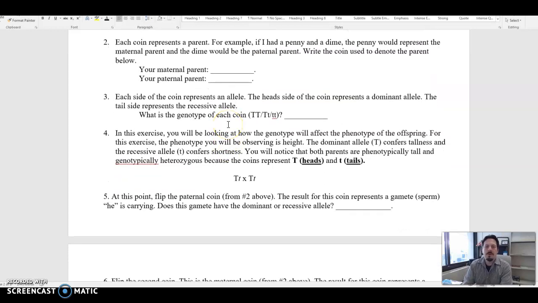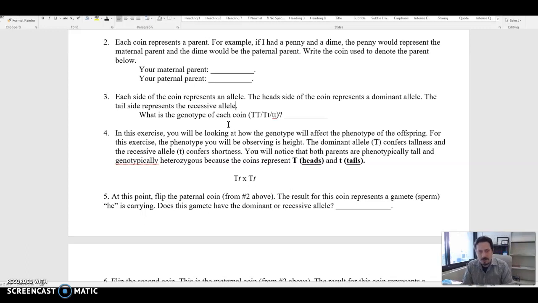So each side of the coin represents an allele, right? Either dominant or recessive. And the letter that we're going to use for this is T, because the phenotype we're going to consider is tallness. And if you have the dominant allele, the big T, that means tall. And if you have the small allele, small t, that means short.